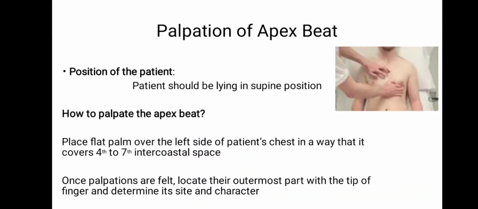With the term site, it means location, for example, anterior, posterior and mid-axillary lines. And with the term character, it is defined as what kind of palpation is felt. For example, either it was normal, tapping, heaving, ill sustained, well sustained. How was it?